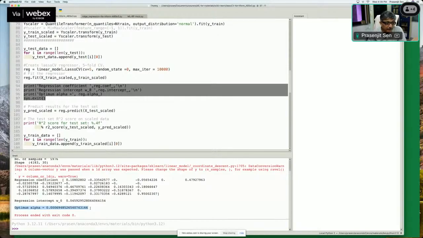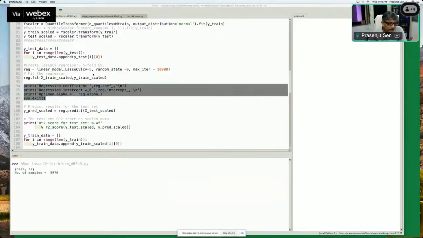Because there is randomness associated with how the data set is split, if I run it a second time, I'll probably get a slightly different value for optimum alpha, because the test set and the training set would be somewhat different.